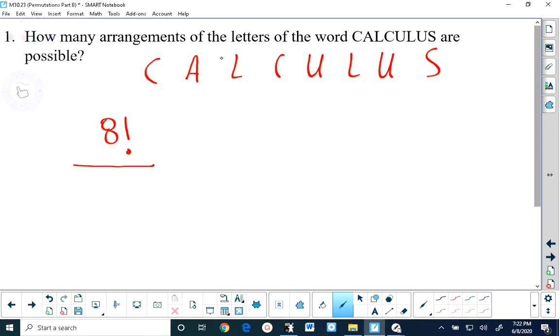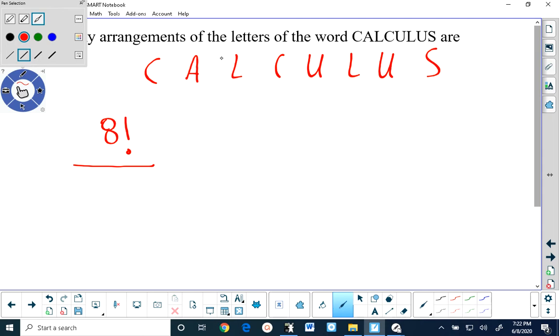Because if I write this on paper, then what I can do is start off on the left and say, well, I have a C. Have I got any other C's? Yes, I've got 2 C's, and that's it for C's, which means I'm going to divide by 2 factorial. Then I go to the next letter, A, and I move left to right, and I see there are no more A's.